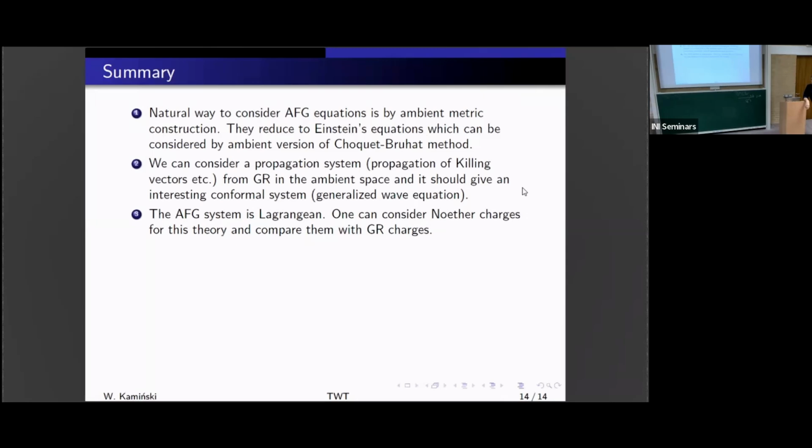Yes, in the null case, yes. This is not determined uniquely. It depends on the Lagrangian, and it is also up to some total divergence. So you can add something to this presymplectic potential.